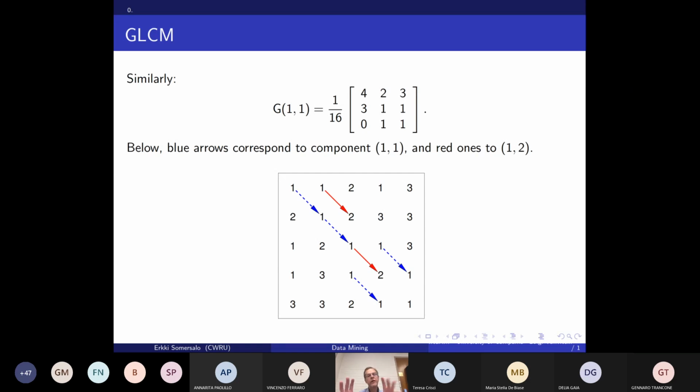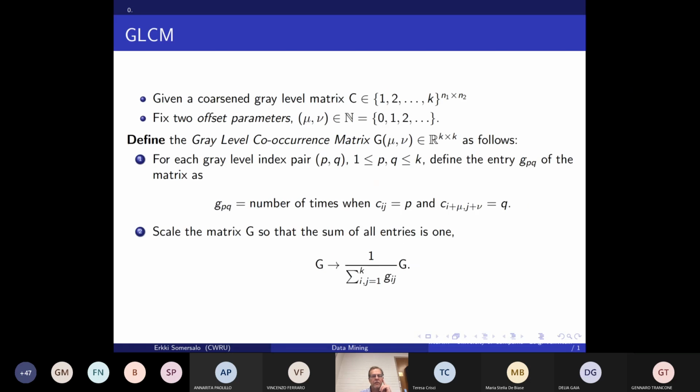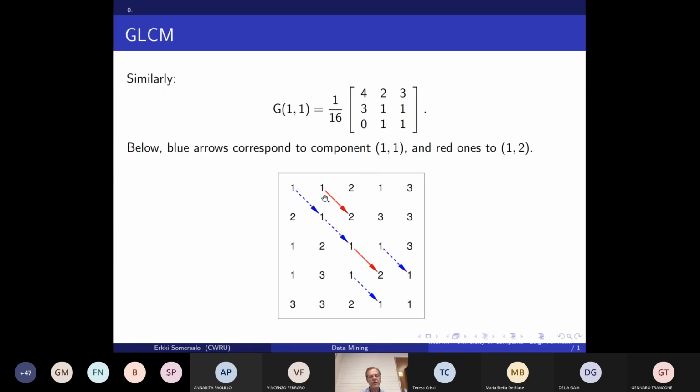As you see, the definition that I gave you is kind of obscure when you read it, but when you see this idea of how you are moving from pixel to pixel and comparing the grayscales, then you see what this really means. And so now you can easily think that this grayscale co-occurrence matrix is sensitive, for instance, to the alignment of the colors.